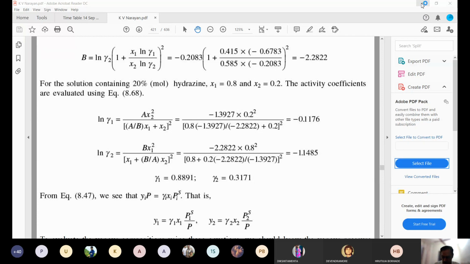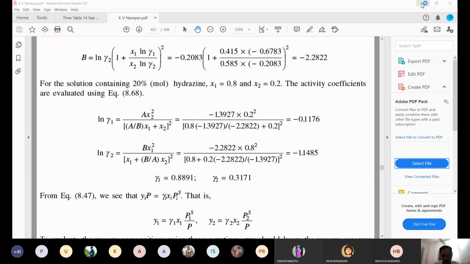Okay, so the point is that we don't know the temperature. The equilibrium temperature is not given. He has given only the composition, 20 mole percent hydrazine, but not the temperature. We cannot assume 393 as the equilibrium temperature.